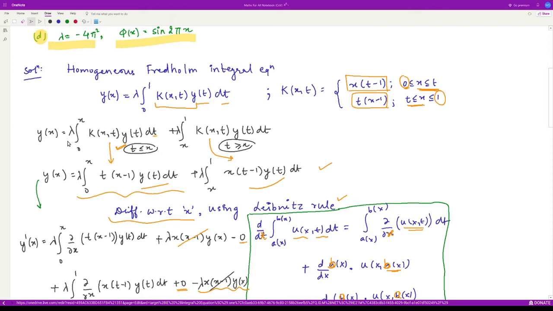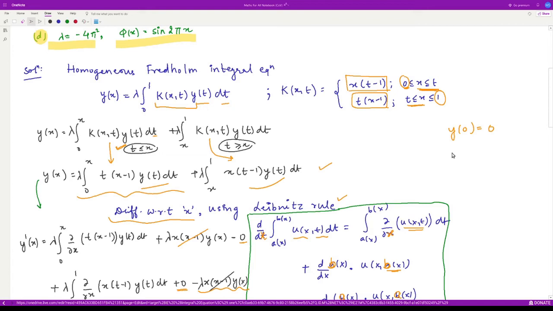So y of 0 would be the integration from 0 to 0, so this whole first term would become 0. In the second term, when you replace x by 0, you'll have lambda times the integration from 0 to 1 of 0 times something, so this whole term again becomes 0. So 0 plus 0 is 0, and y of 0 is 0. So one condition we have is y of 0 is 0.